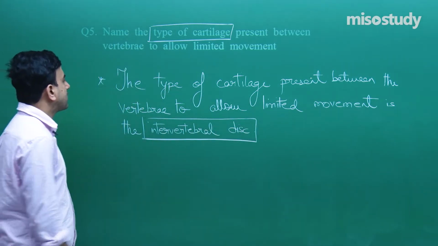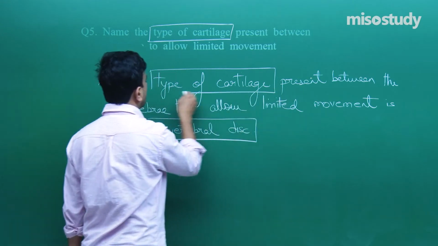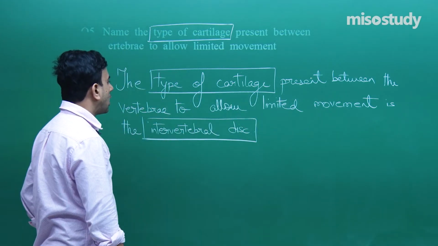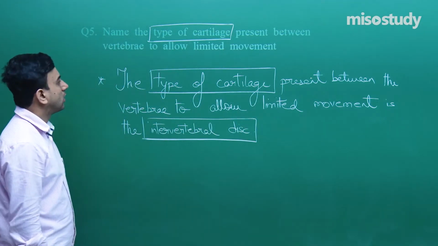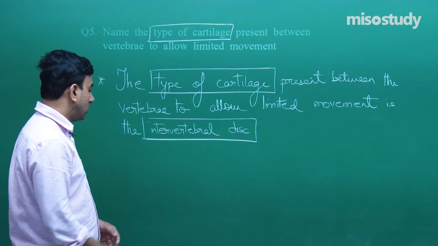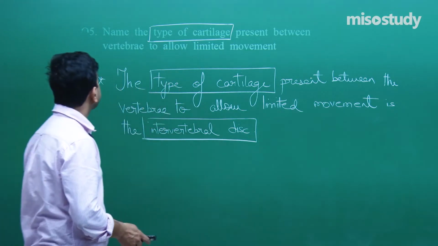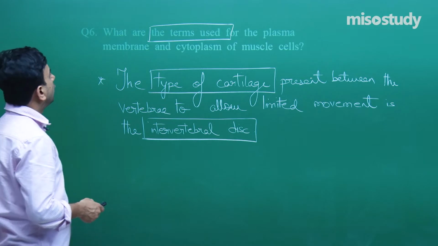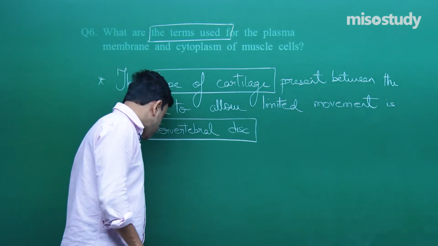So, the type of cartilage present between the vertebrae to allow limited movement is called the intervertebral disc. We move on to the next question.